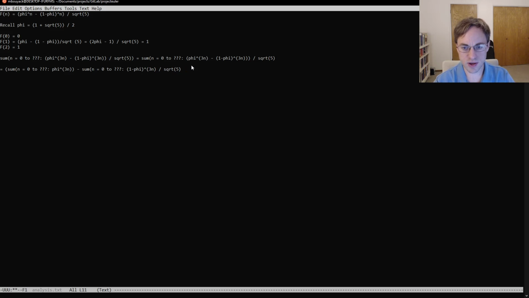So let's just make sure we got our parentheses matching here. There we go. Okay. And then all of that over the square root of 5. And so now we have these two sums here. And you might recognize these as being geometric series.